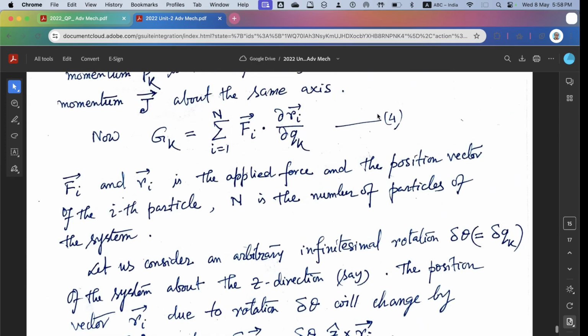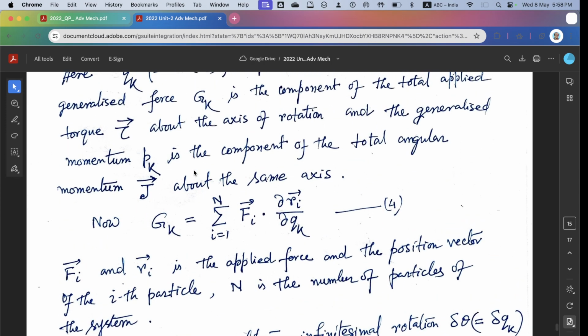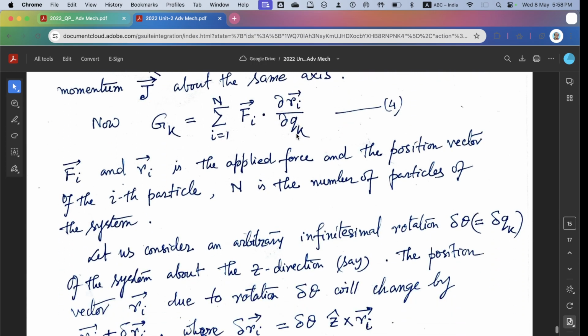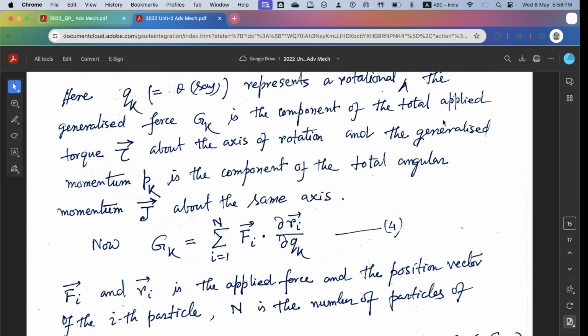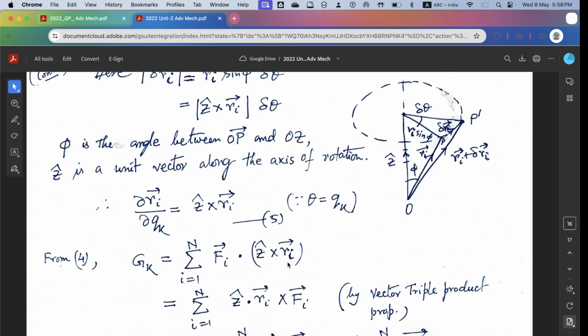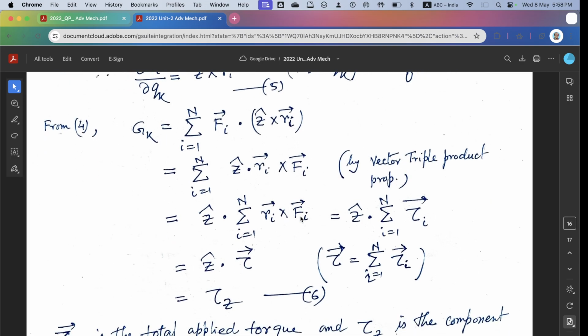From 4, the generalized force gk is the component of the torque tau about the axis of rotation. Tau is the torque about the axis of rotation, the total applied torque. So gk equal to this, and interchanging the dot and cross, z cap dot ri vector cross fi, and this z cap is independent of the summation.